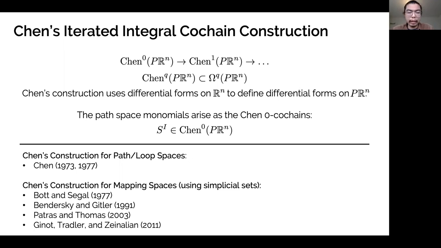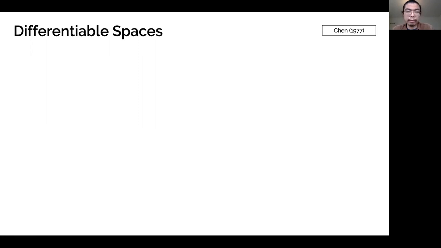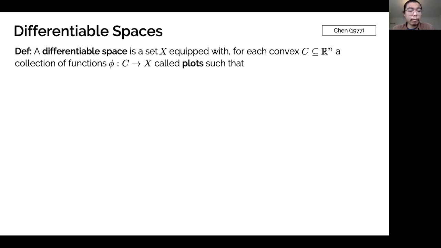In order to talk about differential forms on spaces such as the path space, we need to extend our notion of what it means to be a smooth space. One of the concepts that Chen introduced is this notion of differentiable space. A differentiable space is some set X equipped with a collection of plots. We can think about these plots as a generalization of charts for manifolds, except instead of using open sets in Rn, we use convex subsets of Rn, and there's no restriction on the dimensionality of these Euclidean spaces.